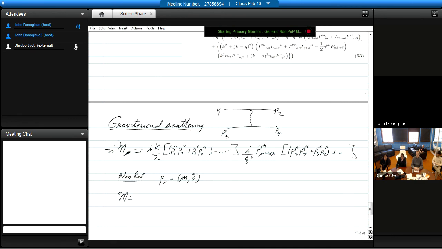This matrix element is then minus kappa, oh, I needed my kappa over 2 there. Kappa squared over 4. This becomes m1 squared from these two guys, m2 squared from those guys, over q squared.